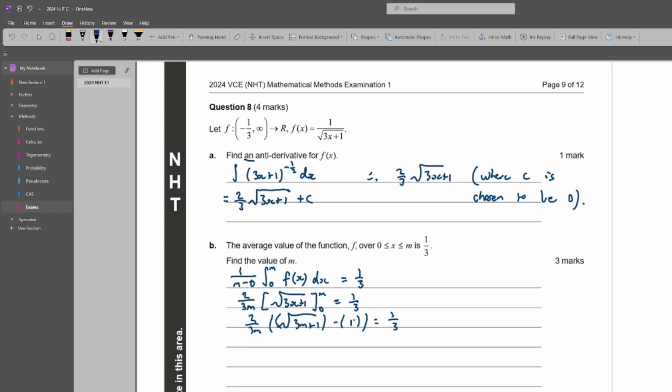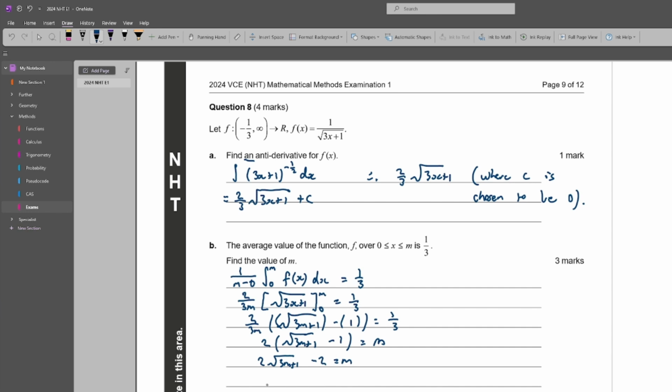Let's multiply both sides by 3m, so we'll have 2 square root of 3m plus 1 minus 1 equals 3m on 3, which is just m. Expanding the left-hand side, 2 square roots 3m plus 1 minus 2 equals m.